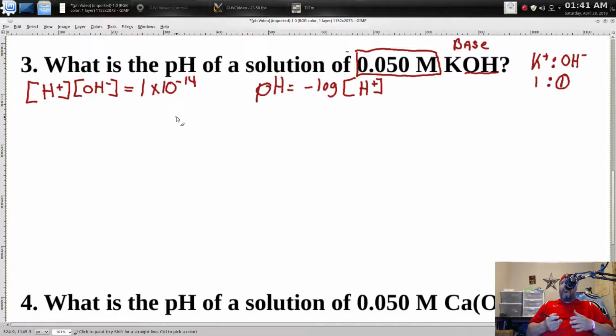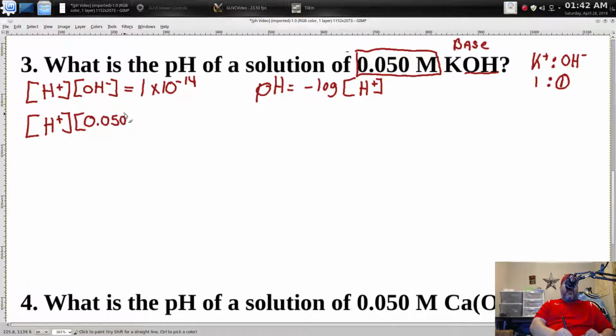Now, what we're going to do is plug this number in, the 0.050, in for the hydroxide. So, what we have here then is the concentration of the hydrogen ion times the concentration of the hydroxide, which is 0.050. So let's write that here. 0.050.